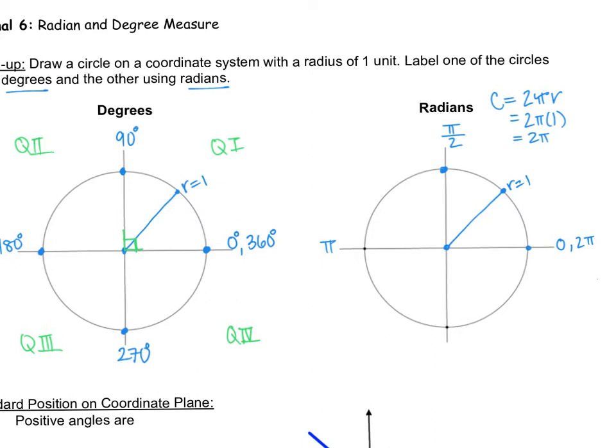So if this is pi, then what is this part right here? Well, we know, if we really think about this, from 0 to this portion here is half of pi, or pi over 2. So if I were to add another half a pi, or pi over 2, I can get this point from pi. So if I think of this as 1 pi, I can also think of that as 2 over 2, right?